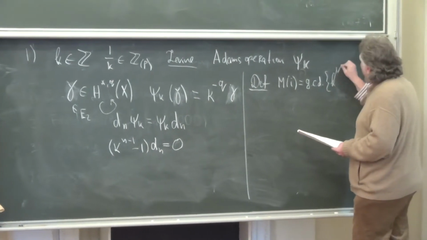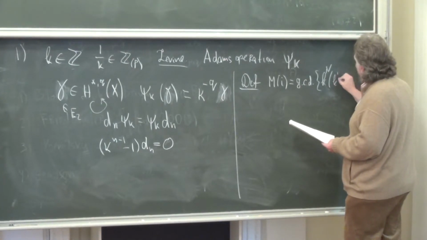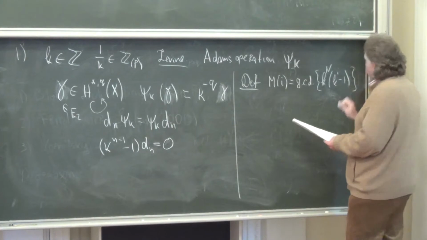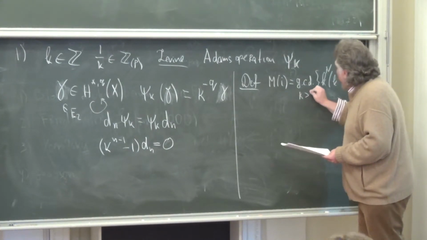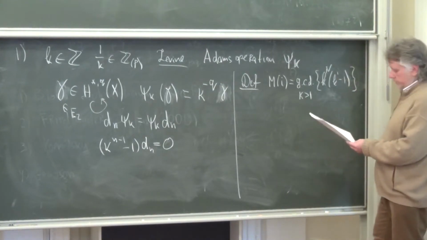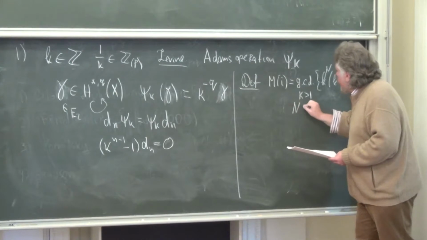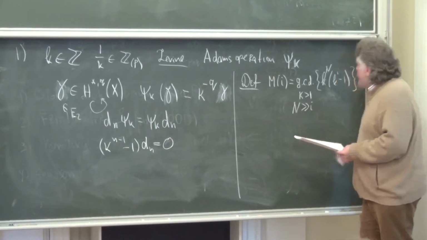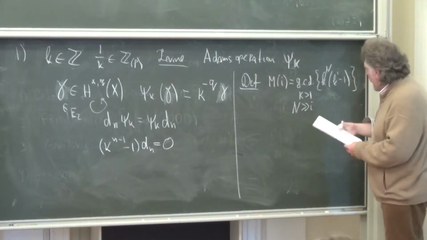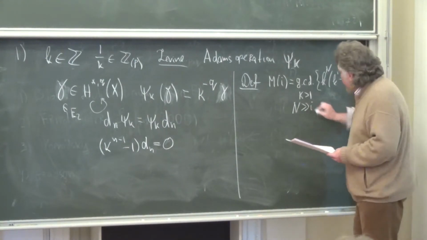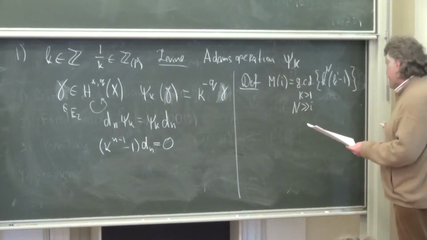I take k power n capital times k power I minus 1, where k runs over all positive integers greater than 1, and I assume that n is much bigger than I, so it actually doesn't make sense to specify, so it's independent of n capital.